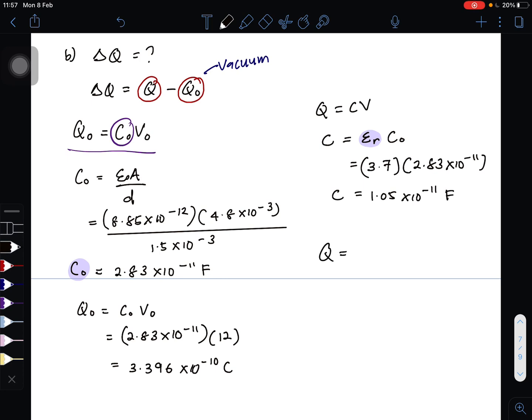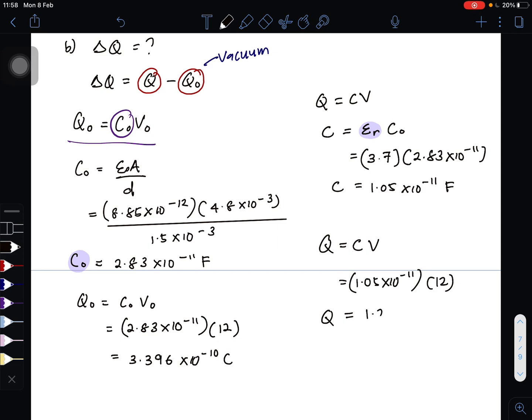Now we can find Q. Q is equal to CV, 1.05 times 10 to the negative 10 times 12, and this final charge is 1.26 times 10 to the negative 9 coulomb.